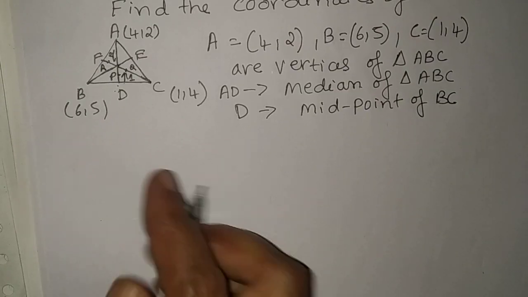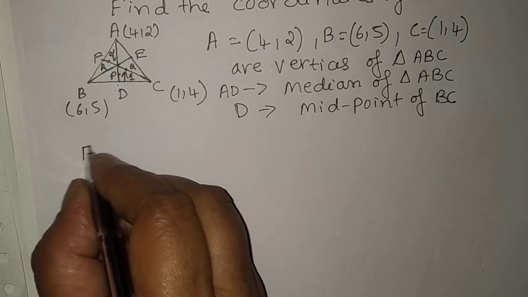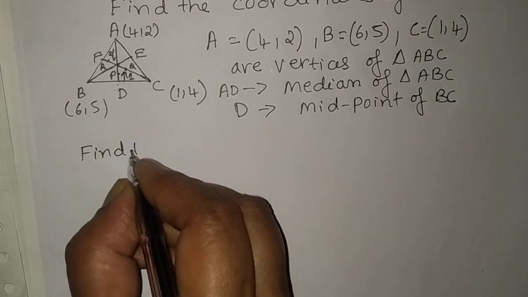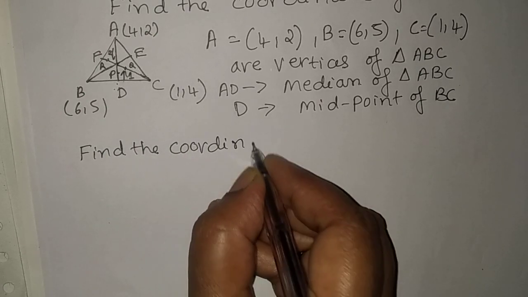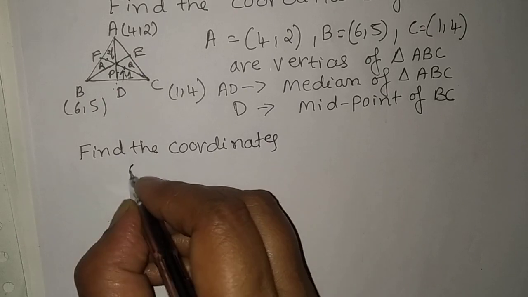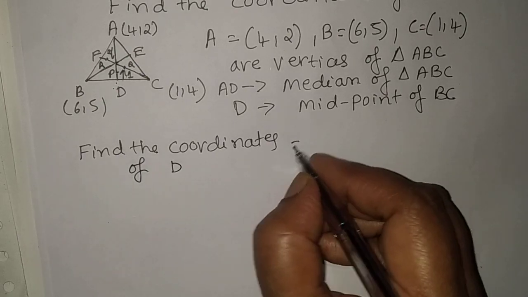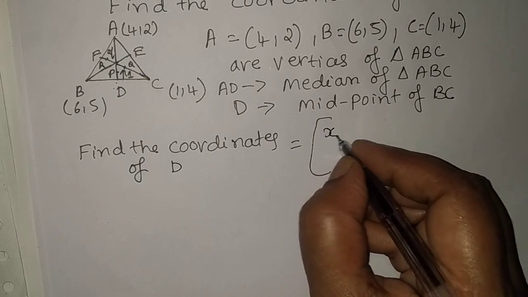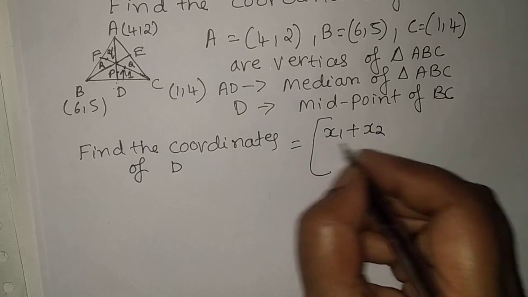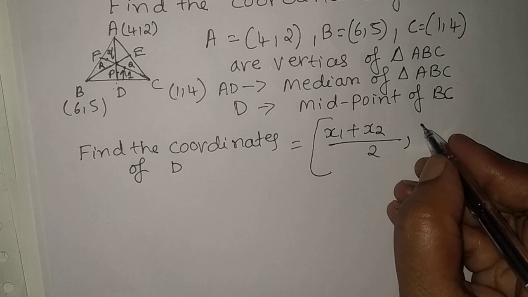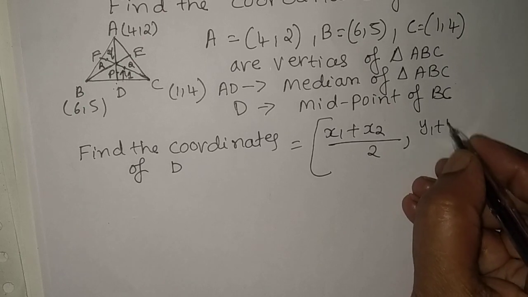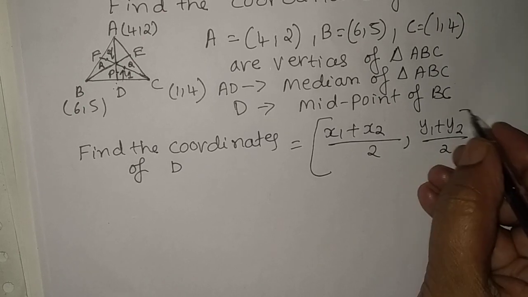Now to find the coordinates of D, we have to use the formula (x1 plus x2) by 2 and (y1 plus y2) by 2.